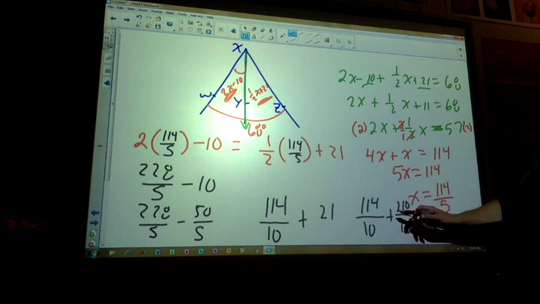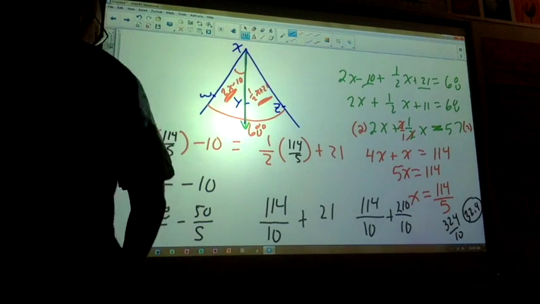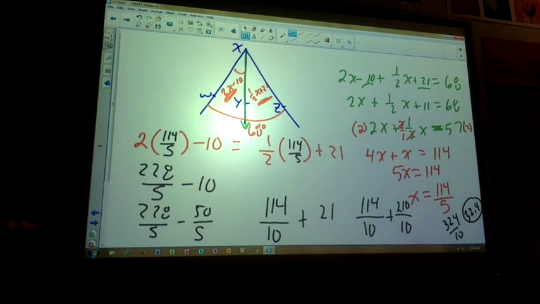If I were to add that together, I'm going to get 324 over 10, which is 32.4. If I were to add these together, 228 minus 50, help me out. What's 228 minus 50?